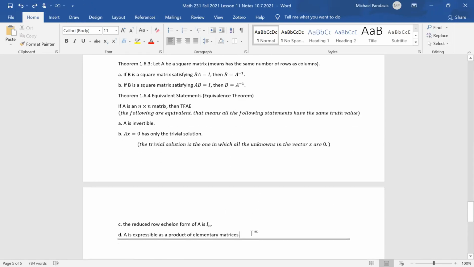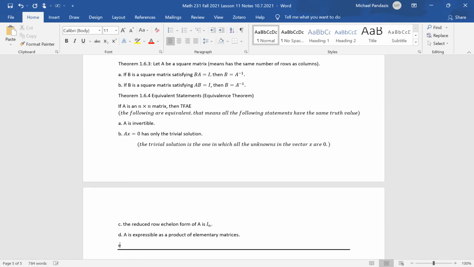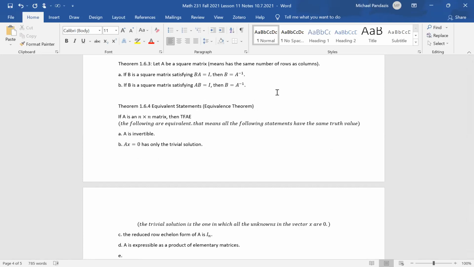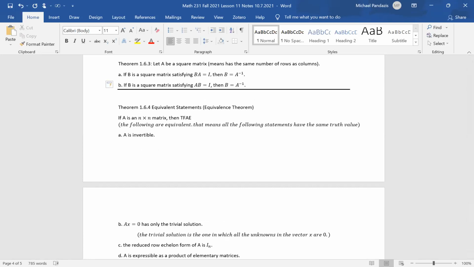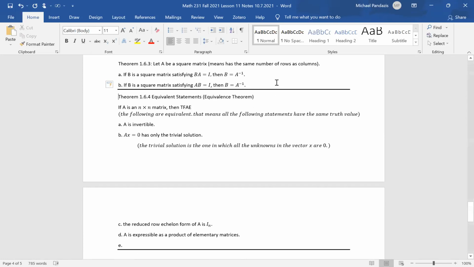Okay, the line's just going to be there. Okay, so E. So what I'm going to do is have a second line. You can't get rid of a line, make another one.